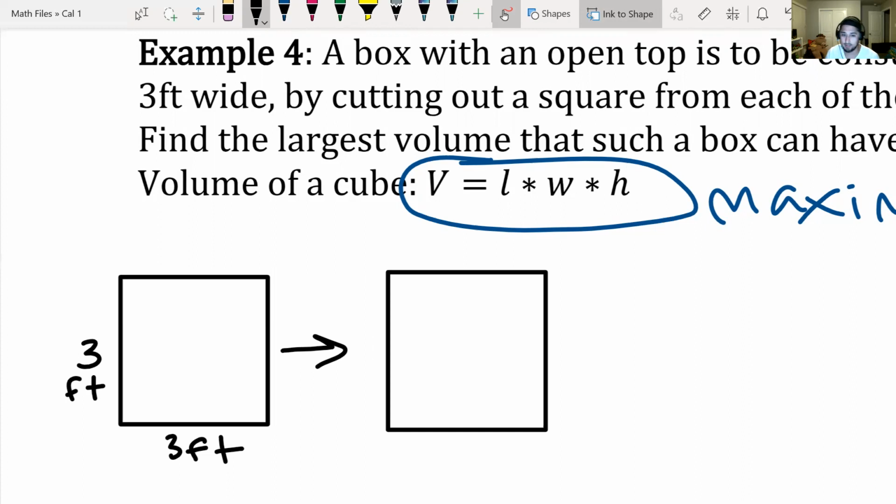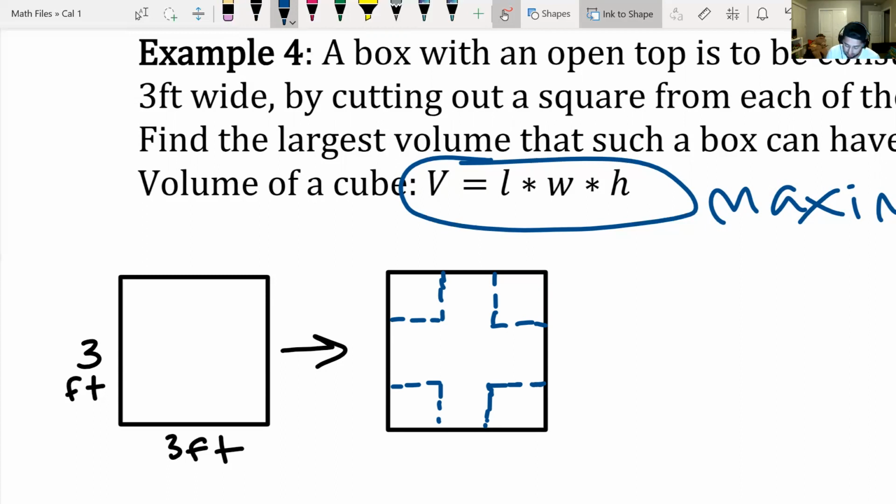So what I'm going to do is cut square corners out.